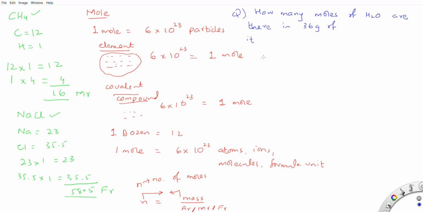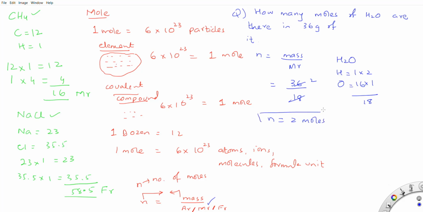So basically I have the formula, mass over Mr, since it is a molecule. So mass is 36. How would I work out the Mr of H2O? From the periodic table I know hydrogen is 1, oxygen is 16. So this is 2, this is 1, and I get 18 as an answer. So 36 over 18, I get 2 moles here.